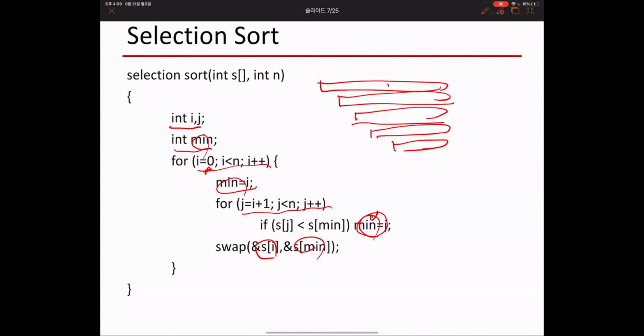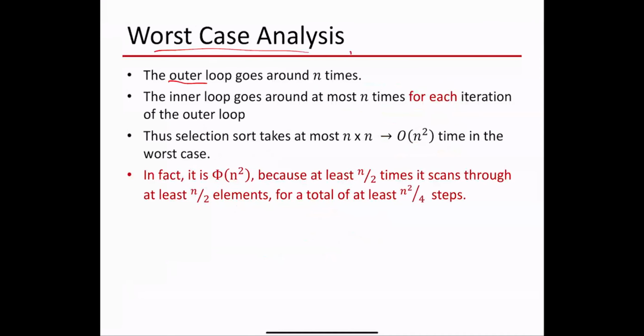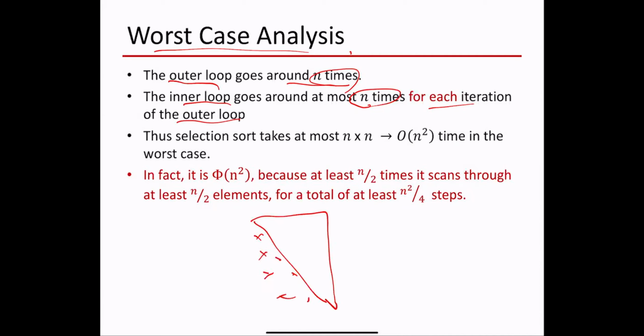So worst case analysis, the outer loop goes round n times, okay. The inner loop goes at most n times. What is at most? For each iteration, it doesn't mean it goes like this, right? There's no computation in there. Okay.